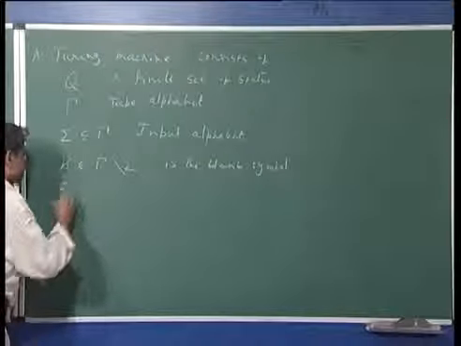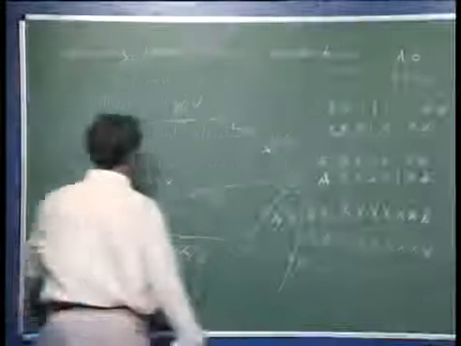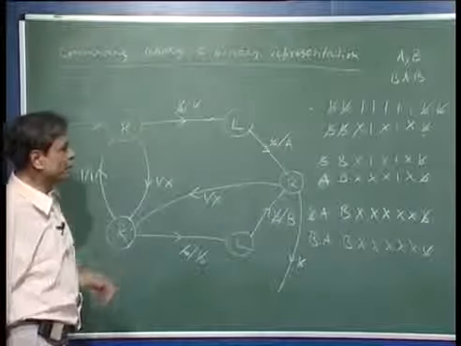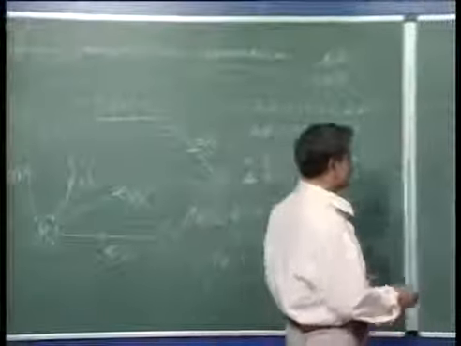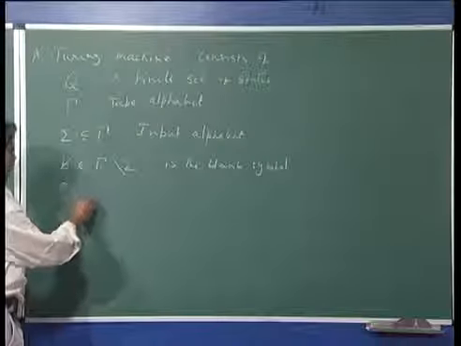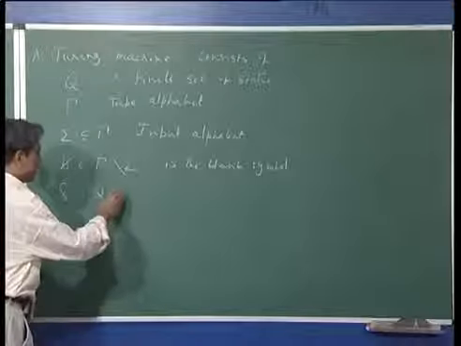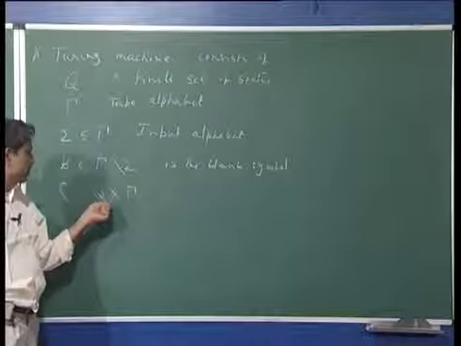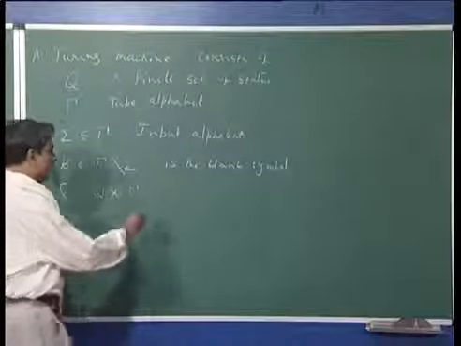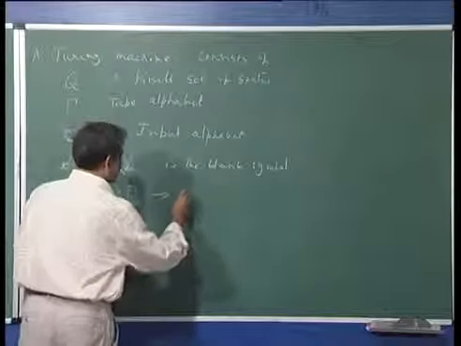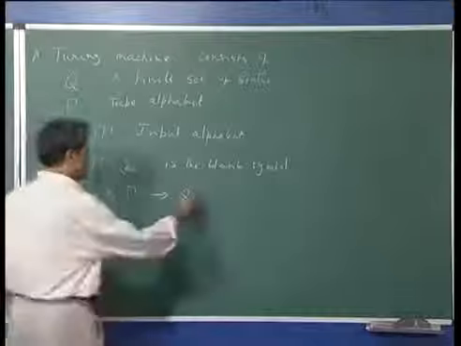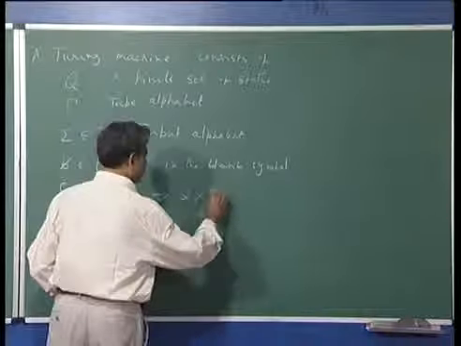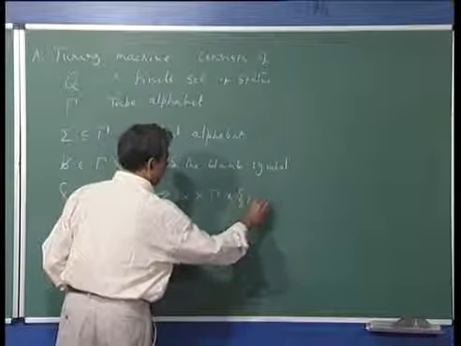Then of course, we had a transition function, and in this example it was graphically or pictorially represented. But what is a transition function for a deterministic Turing machine? It takes a state and some symbol which appears on the tape. So, this is the present state and the symbol that is being scanned, and corresponding to which there will be a next state, the symbol that will overwrite, and the move.